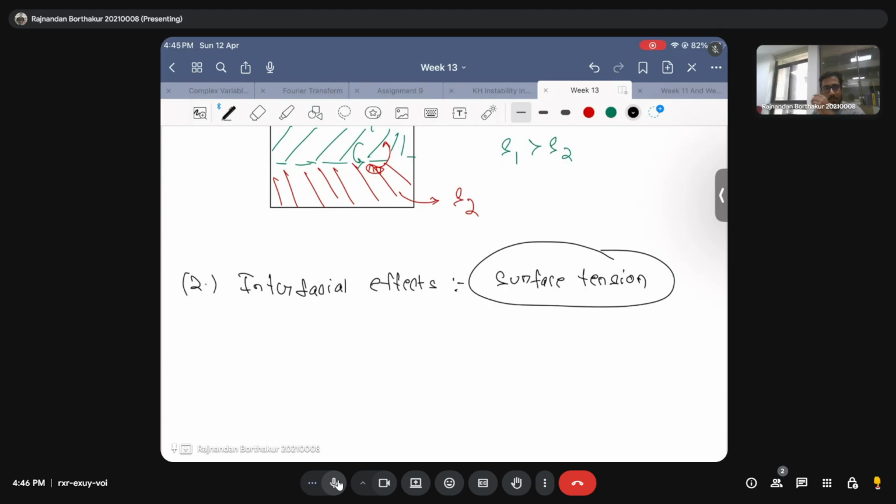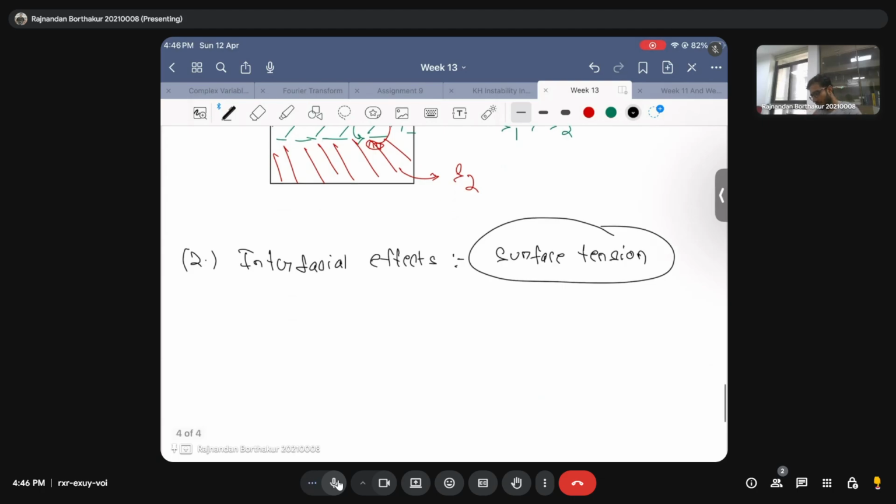Okay, and in fact you can prove this analytically using linear stability. It's a little more complicated than the problems that we have solved, because here you need to use the kinematic boundary condition, the normal stress balance and the tangential stress balance, because you have an interface coming into the picture. But you can prove analytically, using linear stability analysis and normal modes, that highly viscous fluids have more breakdown length than low viscous fluids in Rayleigh-Plateau instability or capillary instability.